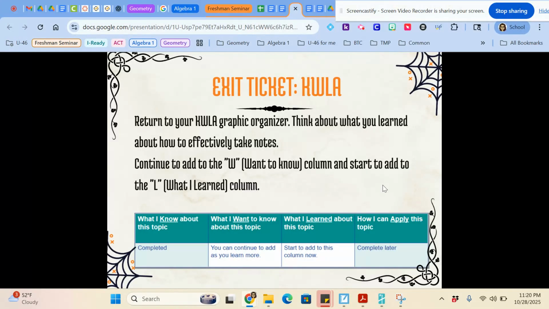All right, so now that you've watched the video, you've gone through all of the processes, you're going to go back to that graphic organizer that we made with the 4 columns. So flip your paper back over. Think about what you learned and how to effectively take notes. And you're going to continue to add to the want to know column and start to add to the what I learned column.